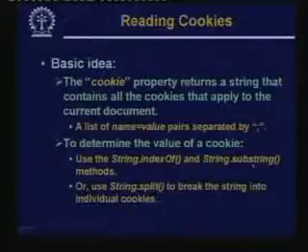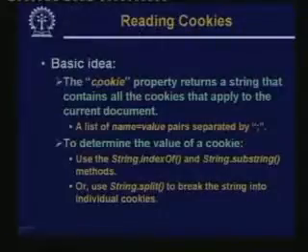Now, after you have stored the cookie, you can retrieve the cookies in a similar way by accessing the cookie property. Whenever you access the cookie property of the document, what you will be getting is a string which will contain all the cookies that apply to the current document, a list of name value pairs separated by semicolon.